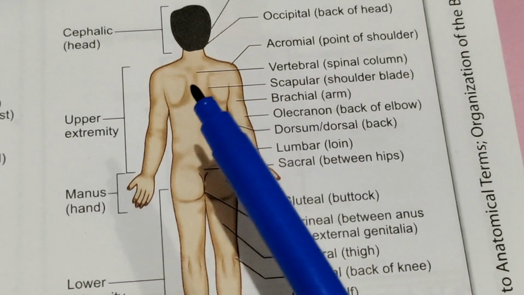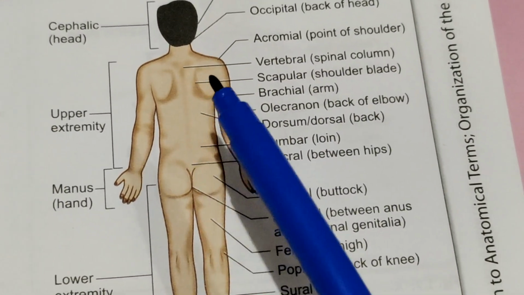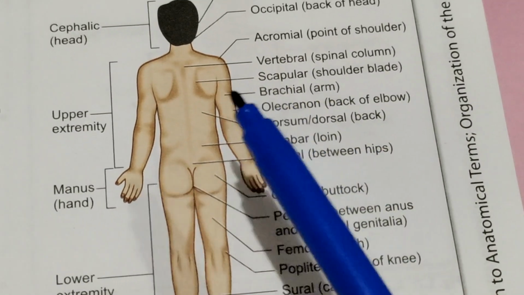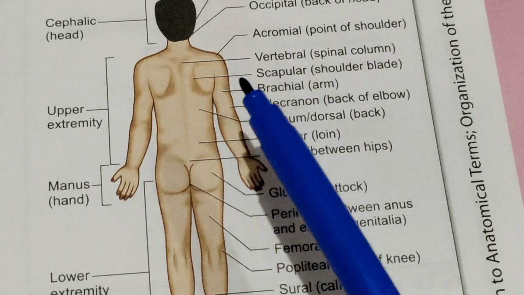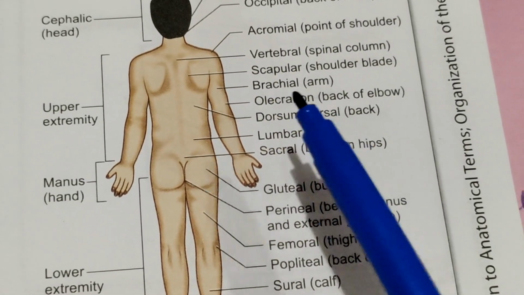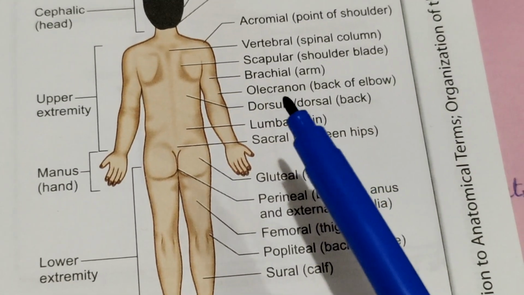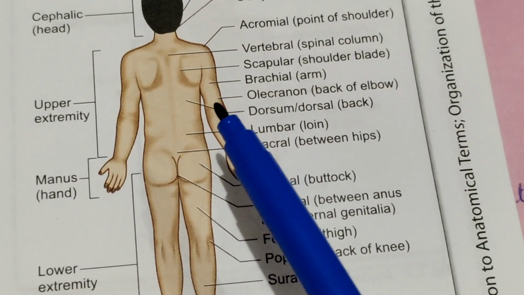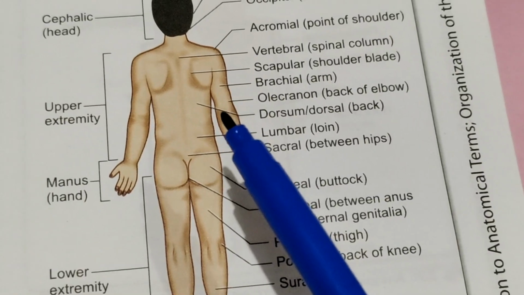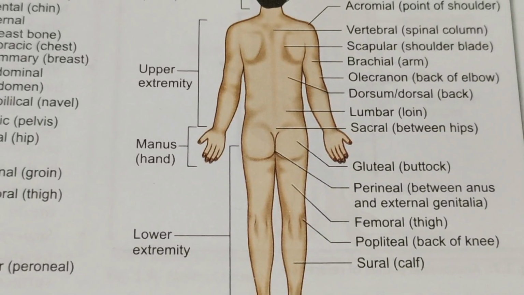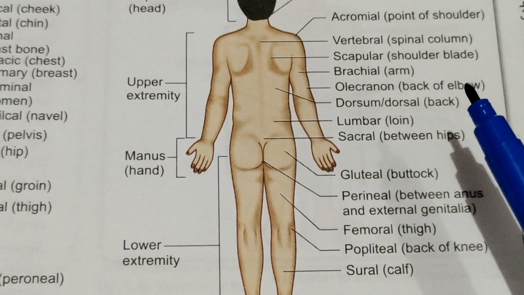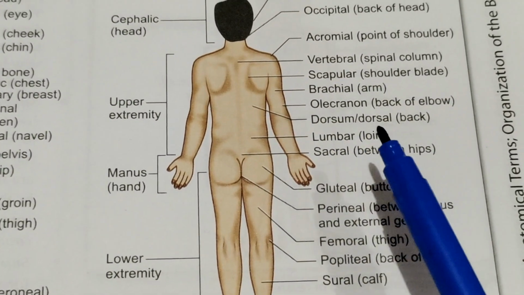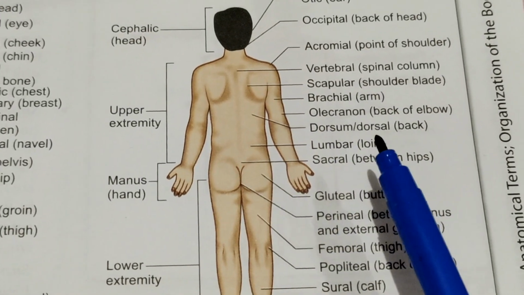Then the spinal column, vertebral. Then the shoulder blade, scapular. Then the arm, brachial. Then the back of the elbow is called olecranon. Then the back, dorsum or dorsal.